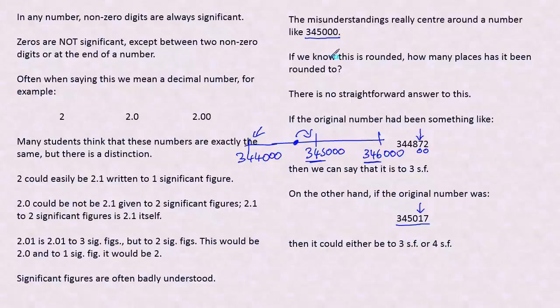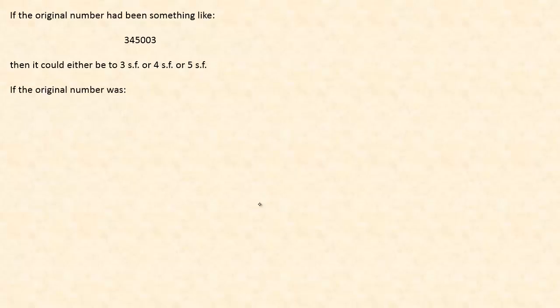And writing it to 3 significant figures, we'd get exactly the same result. If the original number had been something like this, it could be either to 3 significant figures, or 4, or 5 significant figures. And if the original number was this, then it could be 3, 4, 5, or 6.